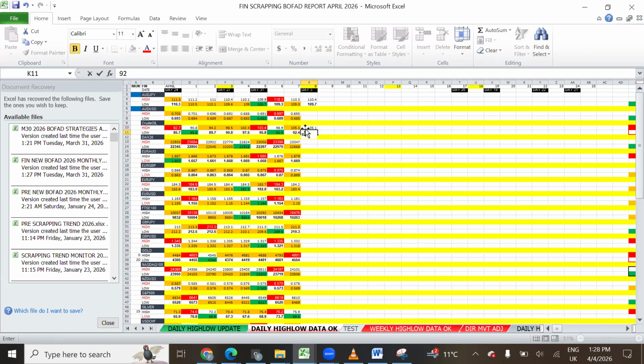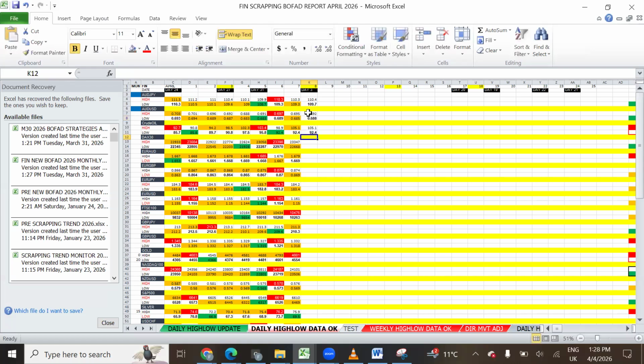The reason is that this didn't change because there was no trading on Friday because of the holiday. So for AUDUSD, I have 0.689, 0.692, and 0.688.